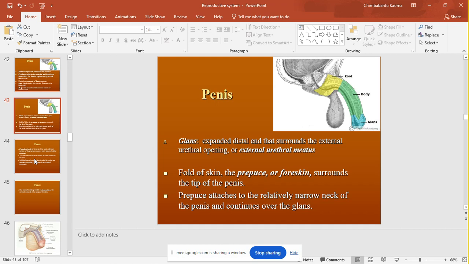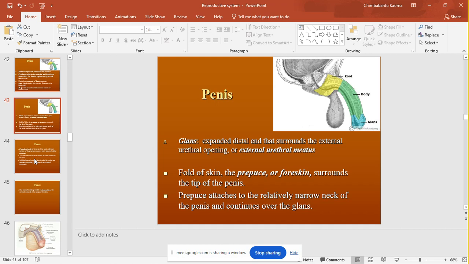So the glans is the expanded distal end, which surrounds the external urethra or the external urethral meatus. At the glans are folds of skin that surround the penis, and this is referred to as the prepuce.